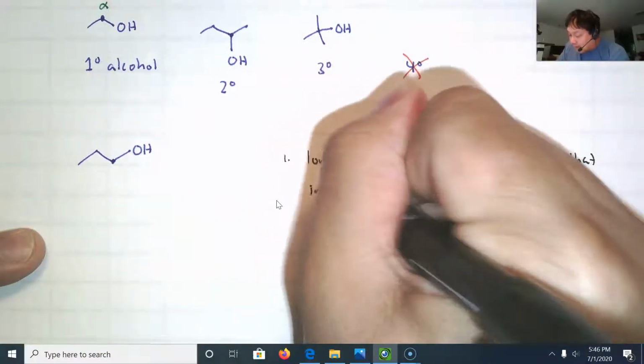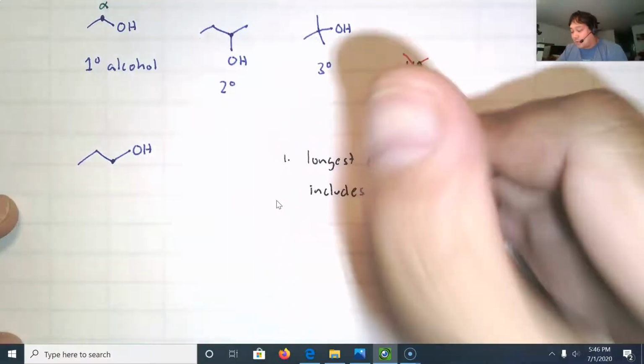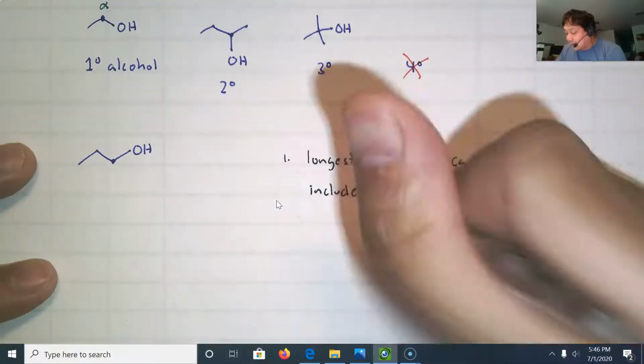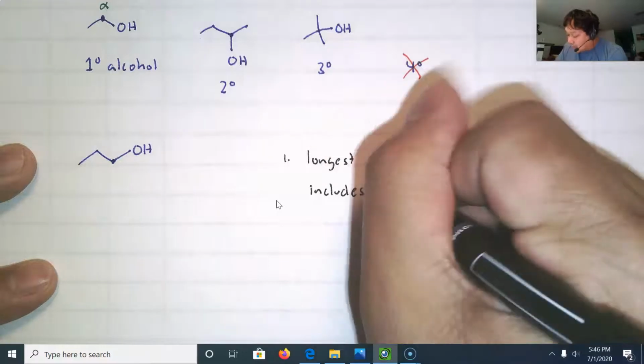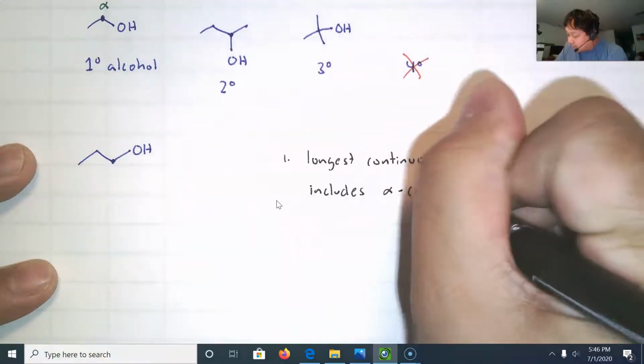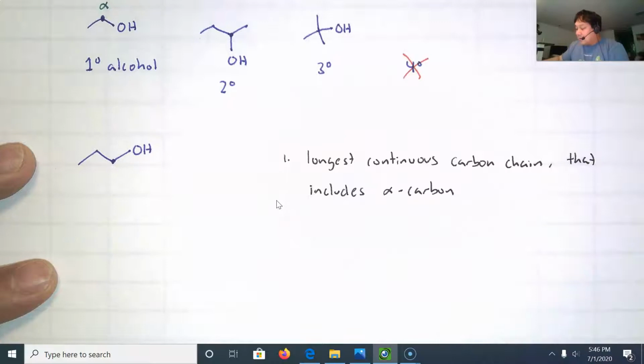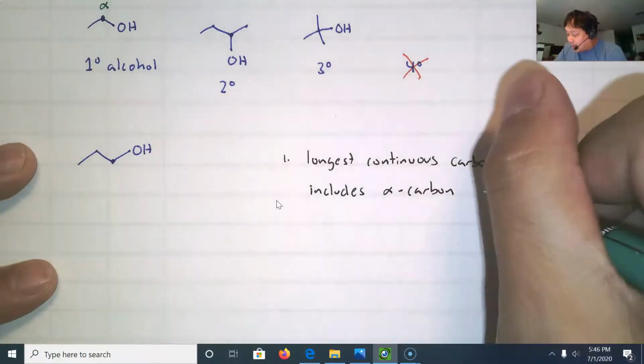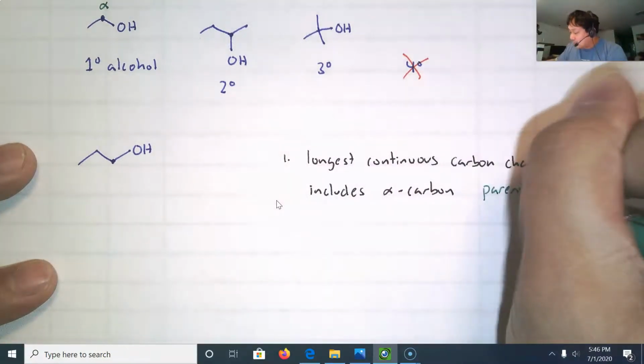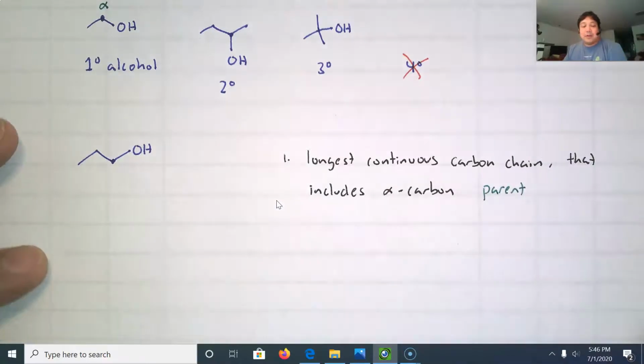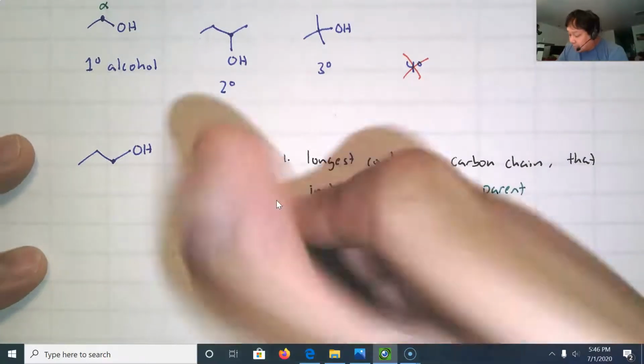That may seem obvious now, but we're going to see an example where it's not so obvious. So it includes what we're going to call the alpha carbon. And that continuous carbon chain will be the parent. You're going to number from the end closest to the hydroxyl group.